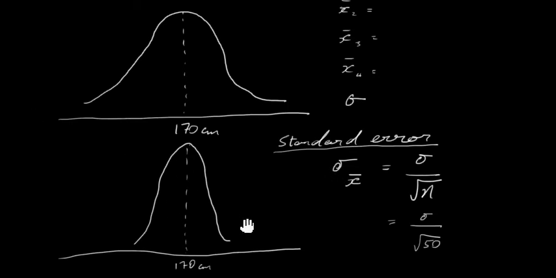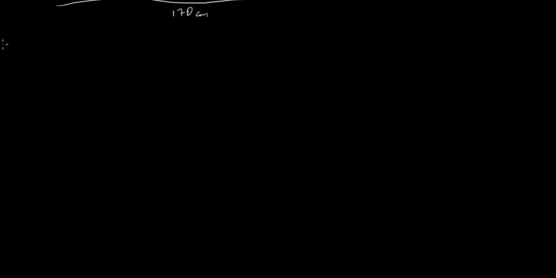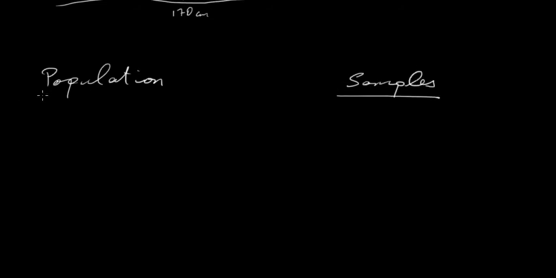Okay, so let's just summarize what we've done. We have a population, and we've got a whole series of samples. Now, our population has a mean of mu, so that's our mean.